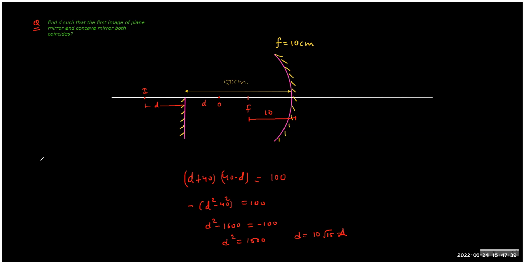Or you can solve by the UV formula, 1 by u plus 1 by v equals 1 by f. So what is u here? The u will be 50 minus D, right? That's easy. And what is v here? 50 plus D with minus. And what is f? Minus 10. So again, this will cancel out. So this will be 1 by 50 minus D, you can take the LCM, whatever you want to do.